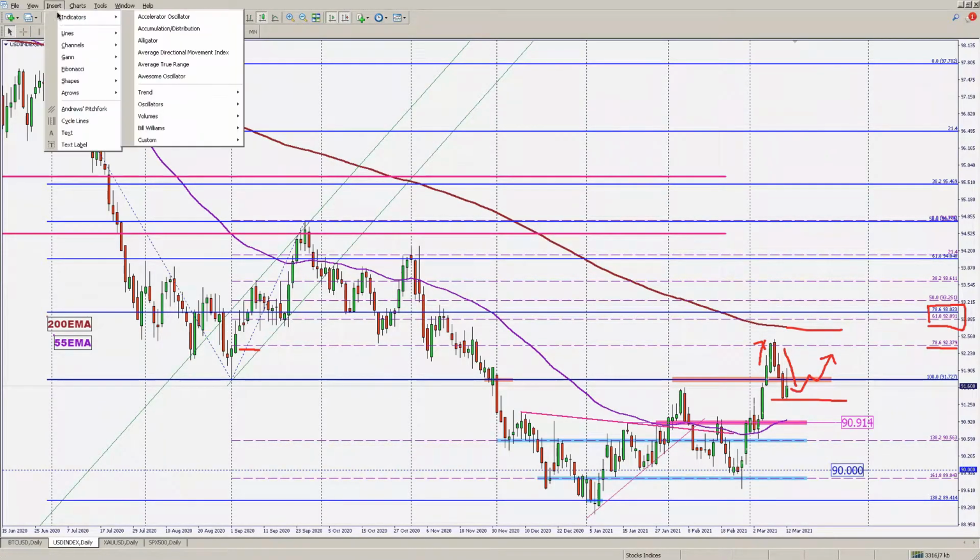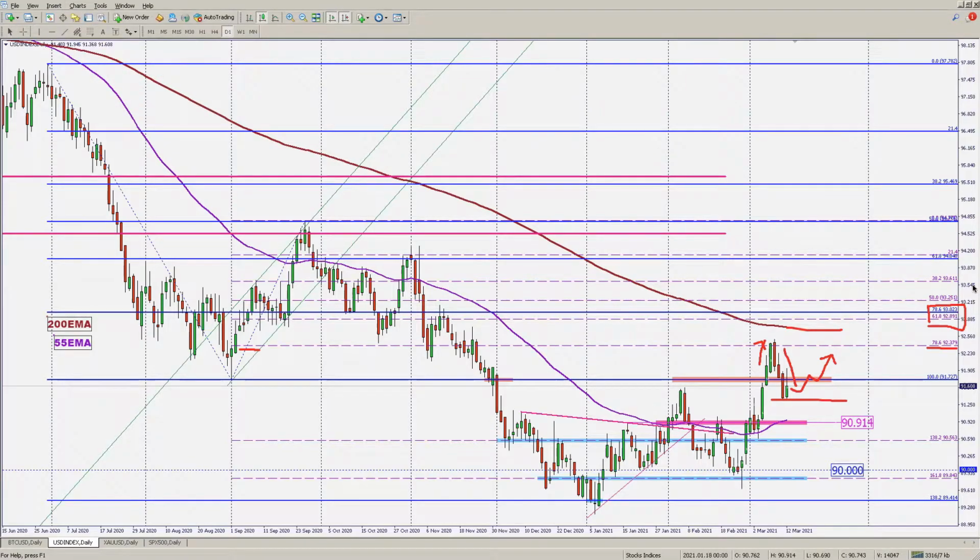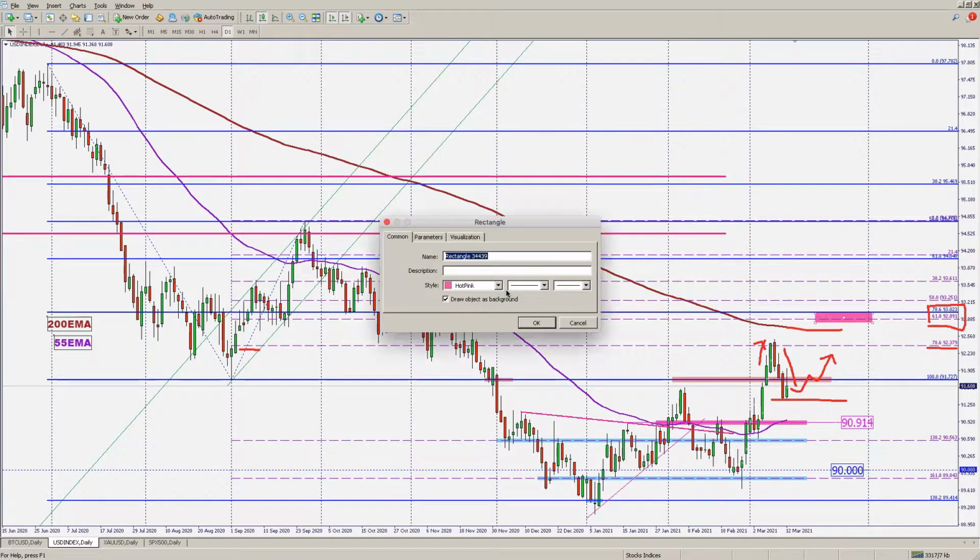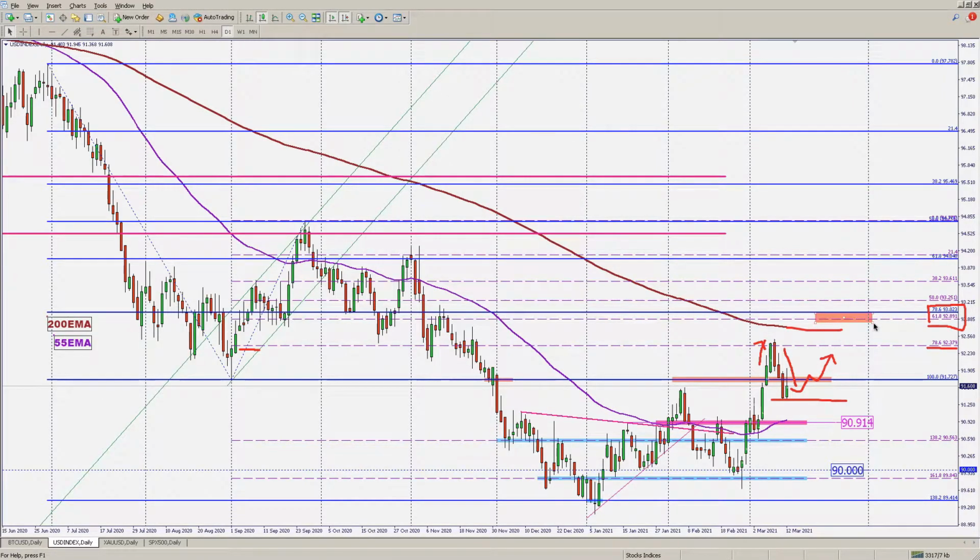Let's just identify this zone up here. That's going to be a key resistance. It's at the 92 area, 93, sorry.